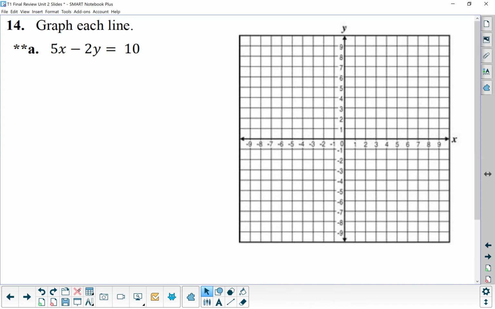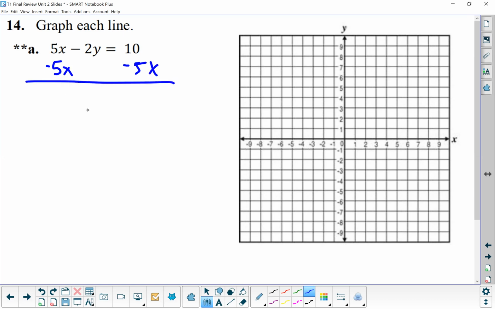You're always going to have 2 steps if it's in standard form. The first step, subtract the x. So I subtract 5x. I'm left with negative 2y equals negative 5x plus 10. I can't combine the 5x and the 10 because they don't both have x's.